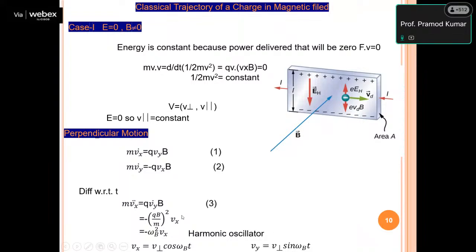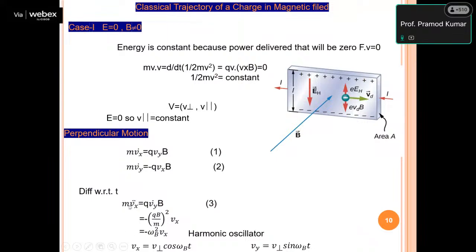So what is this indicating? It is indicating that after applying the magnetic field, this electron will start to move and behave as a harmonic oscillator with cyclotron frequency omega B, which is equal to qB by m, and it starts to move in circular motion with the cyclotron frequency.